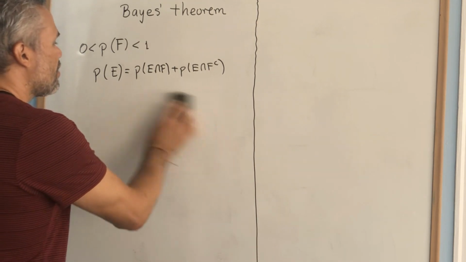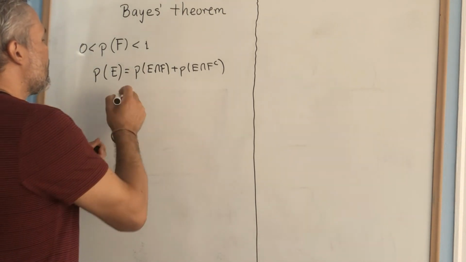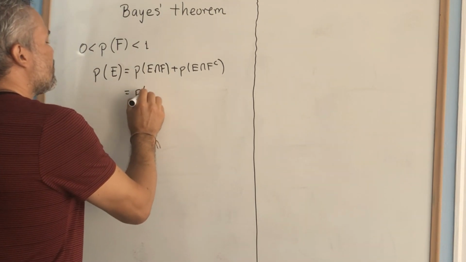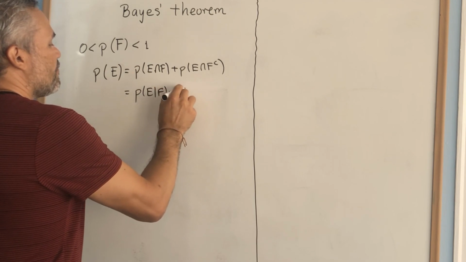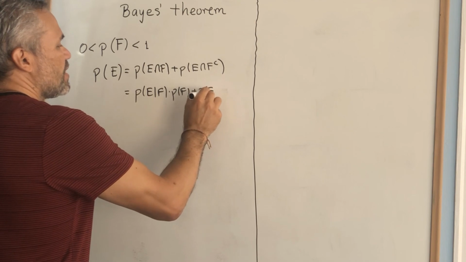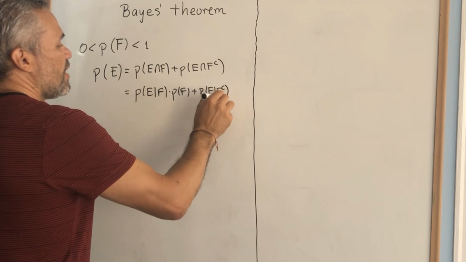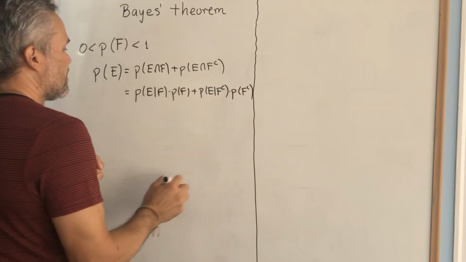Therefore, we can go a little further and say that this is the probability of E given F times the probability of F plus the probability of E given the complement of F times the probability of F complement.